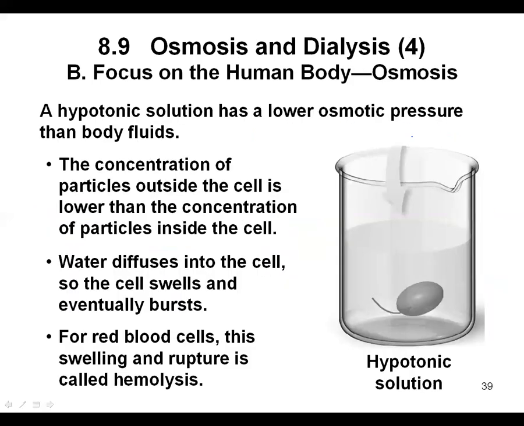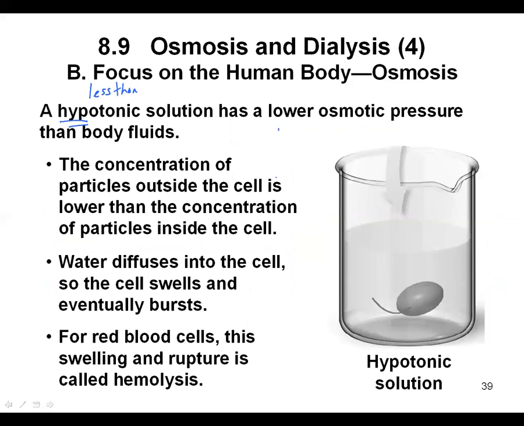Now, there is a solution which is known as hypotonic, and hypotonic means less than, right? Hypo means less than. What that means is that the outside of the cell is less concentrated than inside the cell.